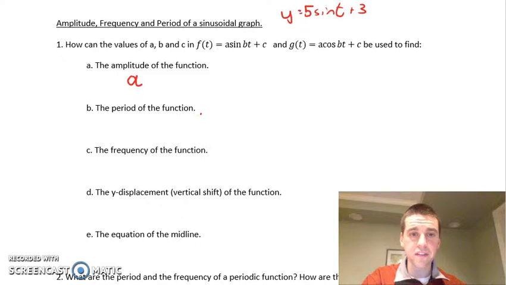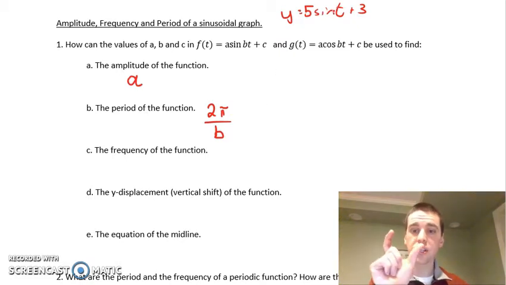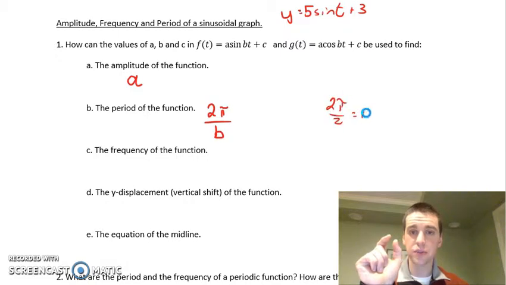So the period of the function is 2 pi divided by your b value. Reason being, if it had been 2, we know it's a horizontal shrink of 2. Look at what happens here. 2 pi divided by 2 equals pi. It was shrunk by a half, and if it was originally 2 pi, you're dividing by it. So this is how you find the period: 2 pi divided by b.